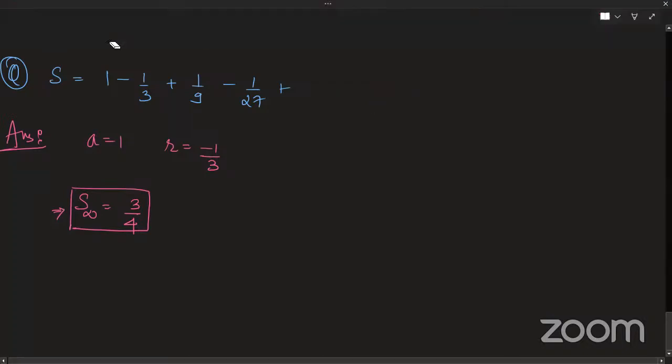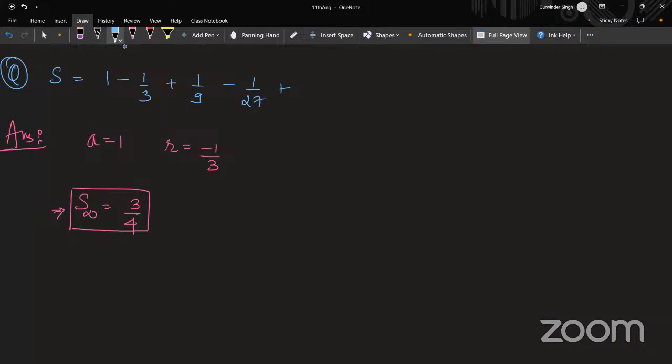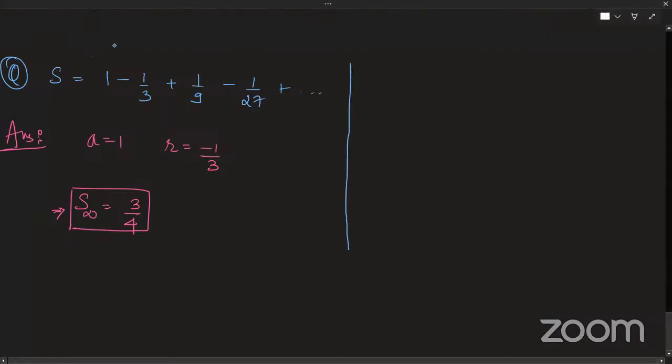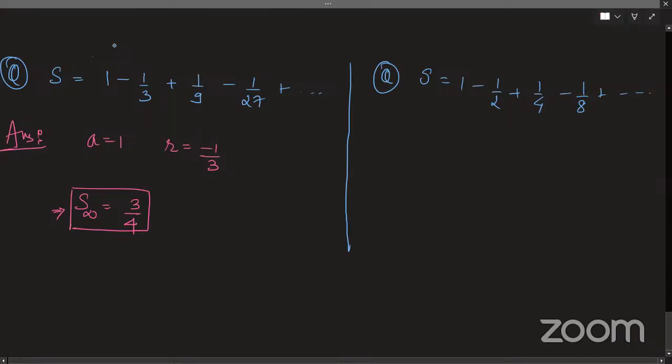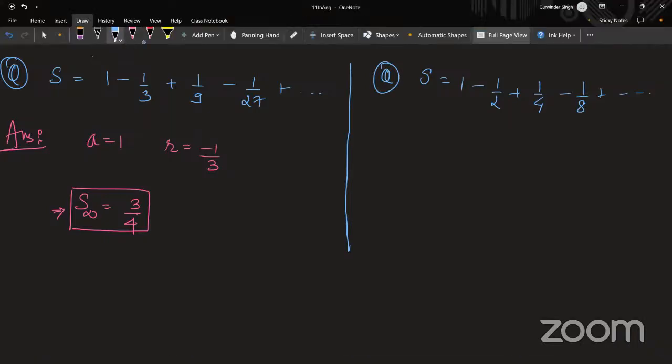Yes, sir. So here only I will write my next question also. S is equal to 1 minus half plus 1 by 4 minus 1 by 8, and so on. Can you tell me its A? A is equal to 1.